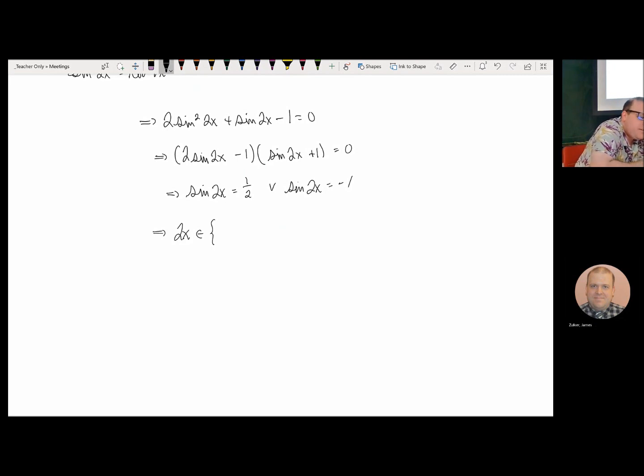Sine is a half. Pi over 6. And 5 pi over 6. But remember, it is 2x, not x. So you also want 13 pi over 6 and 17 pi over 6.